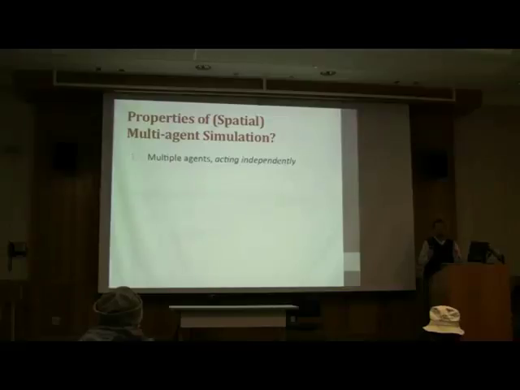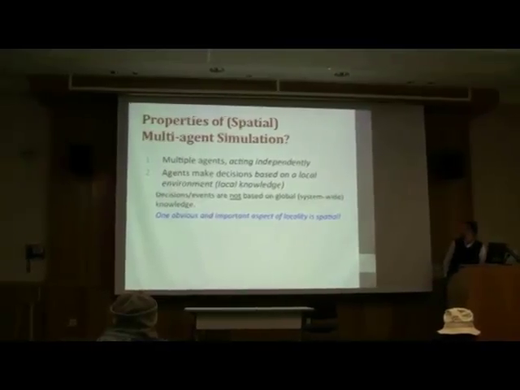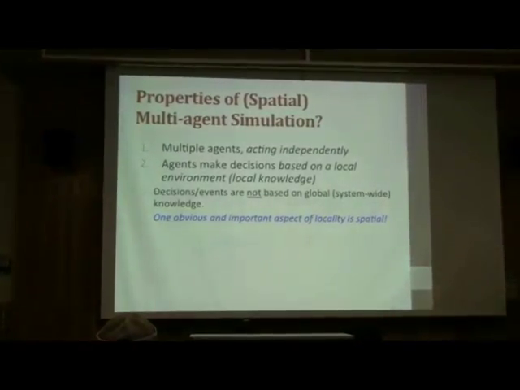But the actual running of the system, the algorithms, don't use global information to make decisions. The agents are acting independently. They're making decisions, and here's the key part, based on local environment or local knowledge rather than global environment. Decisions or events are not based on global or system-wide knowledge.